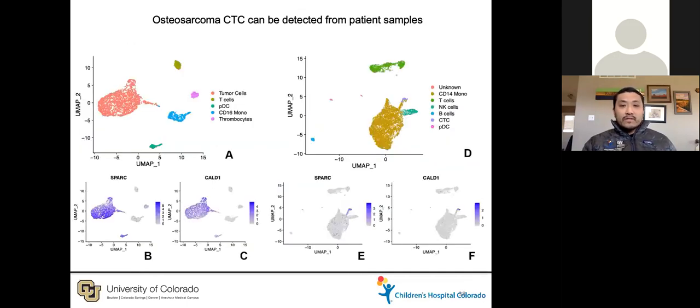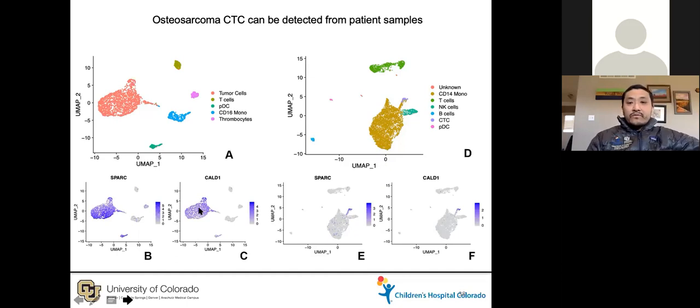For example, in osteosarcoma, which is a significantly different cell type than blood, the left side is a patient biopsy where we show that the tumor cells highly express SPARC and CALD1, which are both bone-driven proteins, on single cell RNA-seq.